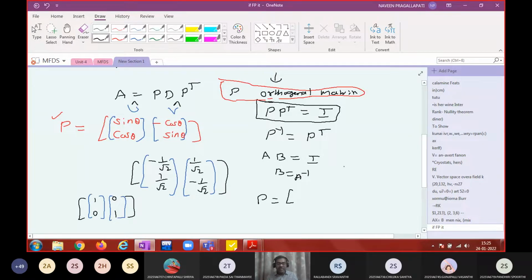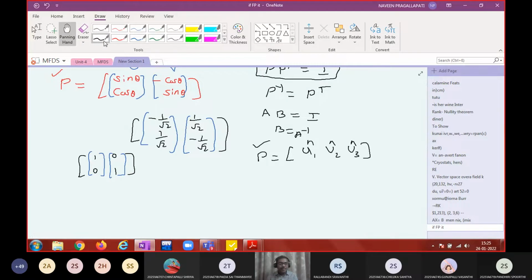Similarly, if you have three orthonormal vectors, u1 cap, u2 cap, and u3 cap, that forms an orthogonal matrix because any two vectors are perpendicular and the norm of each vector is 1. Therefore, this forms an orthogonal matrix. Is that okay? So how do you form this orthogonal matrix?